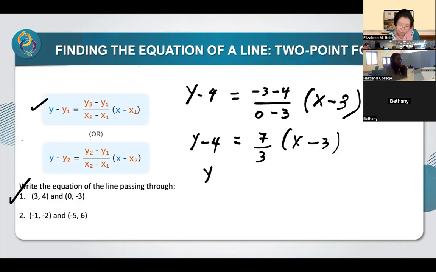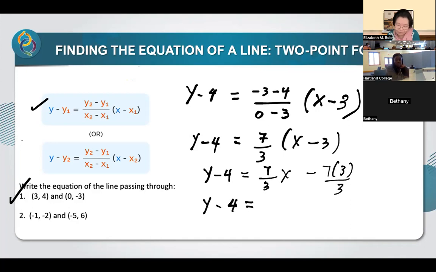So I now have y minus 4 equals 7 over 3x. This will become minus 7, or 7 times 3 over 3. So y minus 4 is equal to 7 over 3x minus 7, because 3 and 3 will cancel.